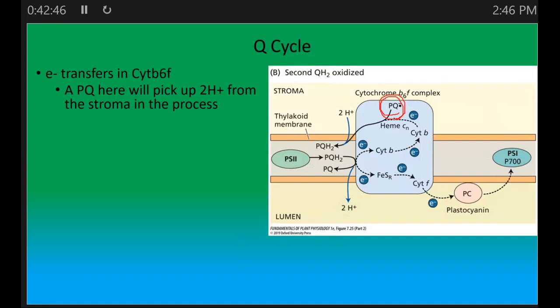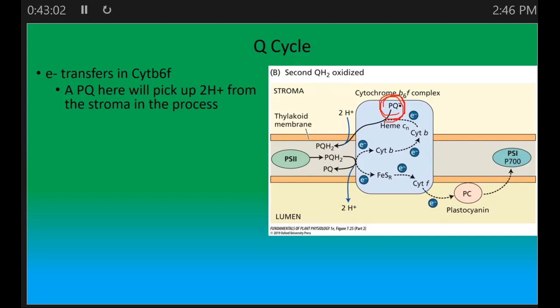Any PQ that we look at needs 2 electrons and 2 protons to be chemically stable. So you can see here it's partly PQ; when they write it as PQ/dot like that, that means it's accepted 1 electron, but that's not good enough.